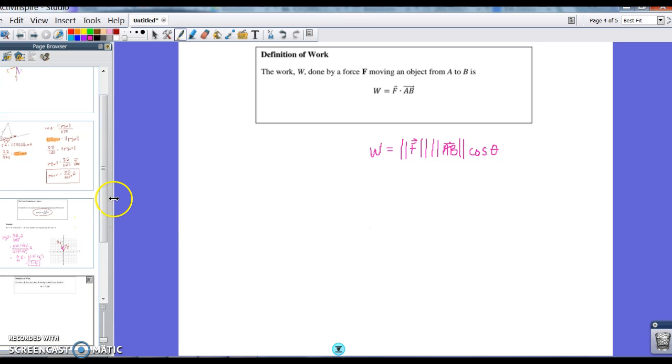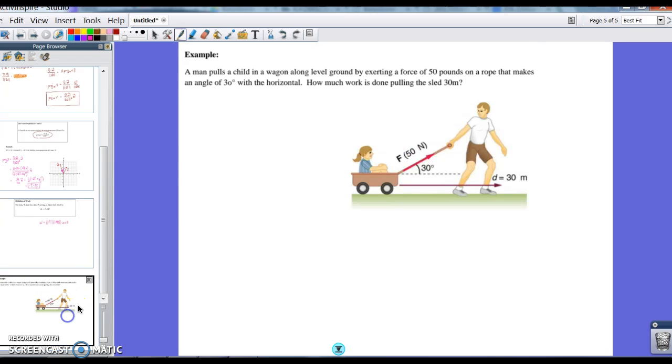Let me show you how we would use that in a problem. A man pulls a child in a wagon along level ground by exerting a force of 50 pounds on a rope that makes an angle of 30 degrees with the horizontal. How much work is done by pulling the wagon 30 meters?